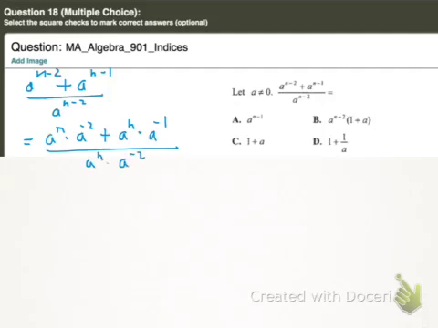Now here we see that on top of the numerator we have a to the power of n, and they are a common term. And again, both of these terms have a to the power minus. So what we do here, we always take out the terms with the lowest power. And the lowest power here is a to the minus 2. So we take out a to the n and a to the power of minus 2.